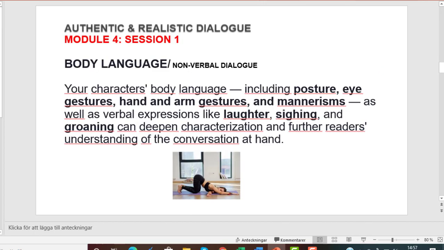Body language is a non-verbal form of dialogue you can use to communicate the feelings of your characters. Your character's body language, including posture, eye gestures, arm and hand gestures, and mannerisms, as well as verbal expressions like laughter, sighing, and groaning, can deepen characterization and further readers' understanding of the conversation at hand.